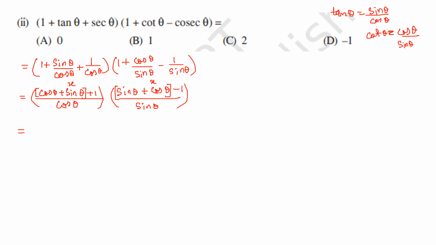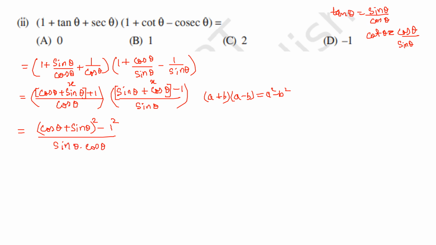A plus b, a minus b gives a square minus b square. So from here I can write x square minus 1. And what is your x? X is cos theta plus sin theta. Okay. That square minus 1 square by sin theta into cos theta.